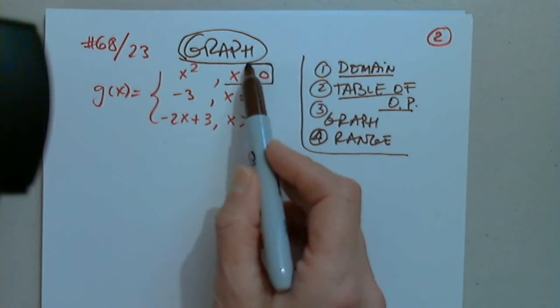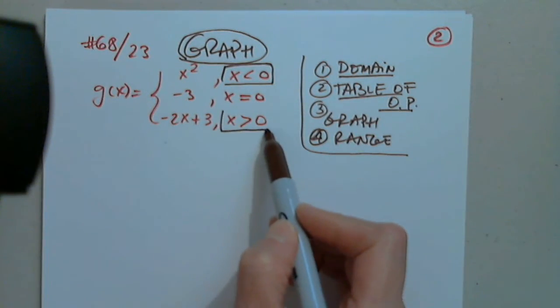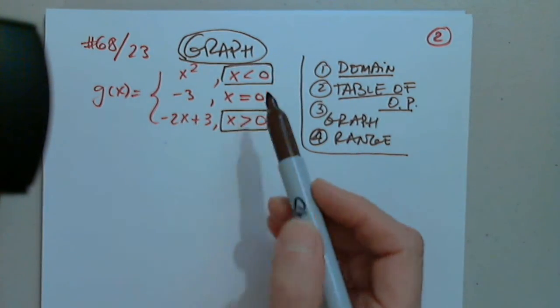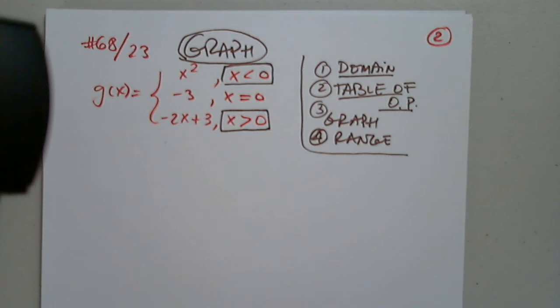And then we will change each piece into an interval notation. This one cannot be written as an interval. It's a point. The domain would be negative infinity to 0. So what? Negative infinity to positive infinity.